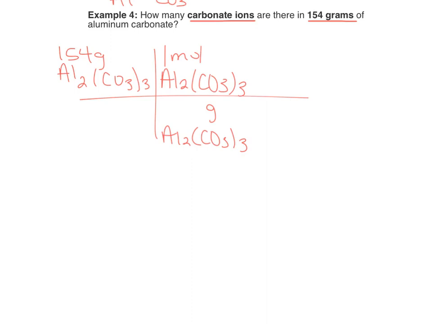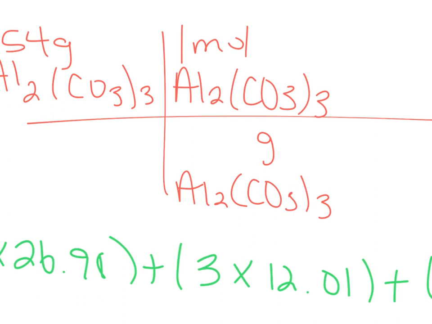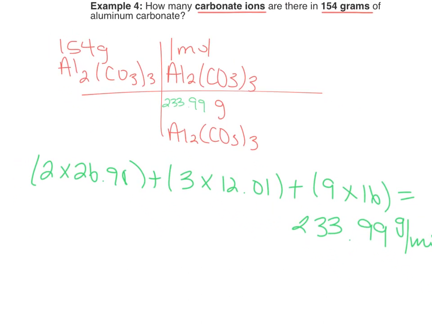If you're going to write it out, I would do aluminum's first, 2 times aluminum's, which is 26.98, plus 3 carbons times 12.01, plus heads up, that's 9 oxygens, 9 times 16. If you add those all together, you're going to get 233.99 grams per mole. So that's going to go way up here. 233.99. There's our molar mass.